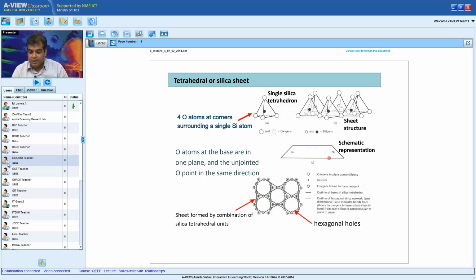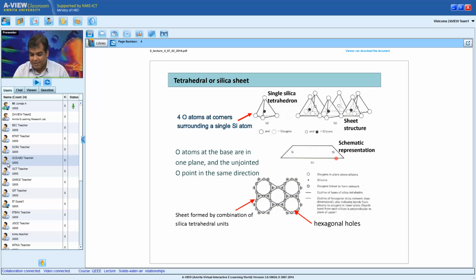So we have a schematic representation of this sheet, which is shown by this four-sided figure. I think it's called a tetrahedron, or I mean it's a four-sided figure. Let's call it a four-sided figure for the time being.